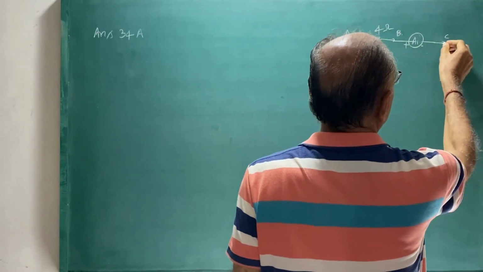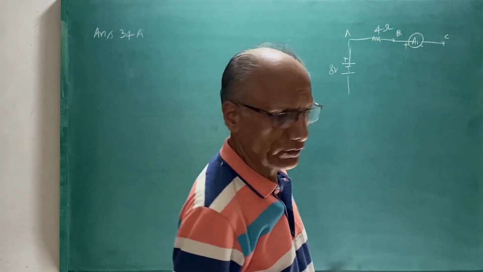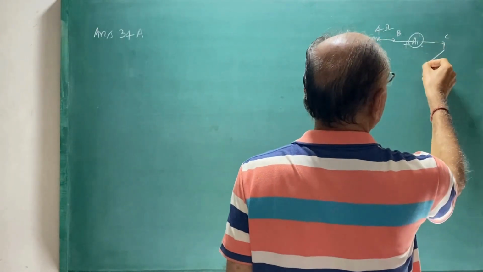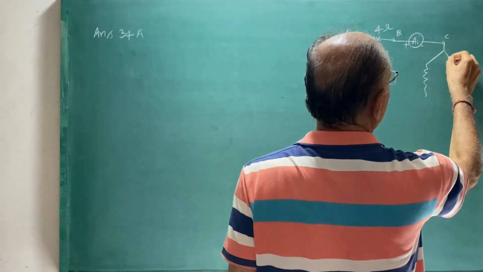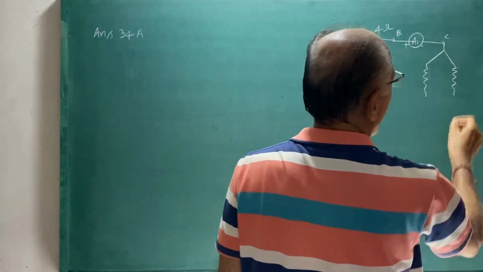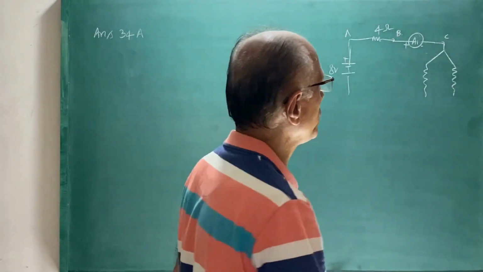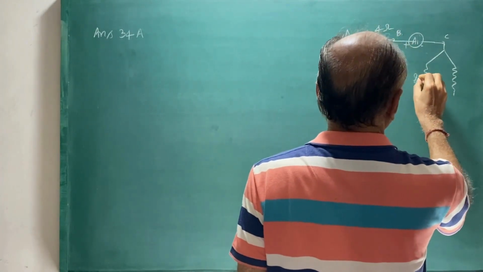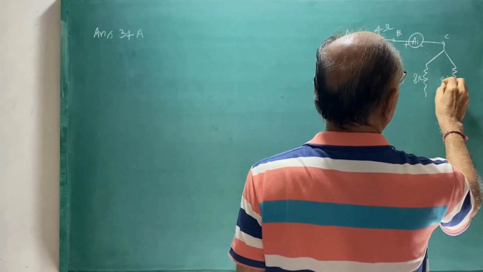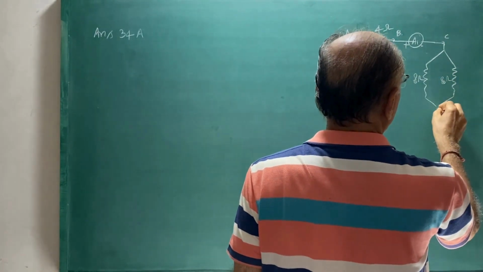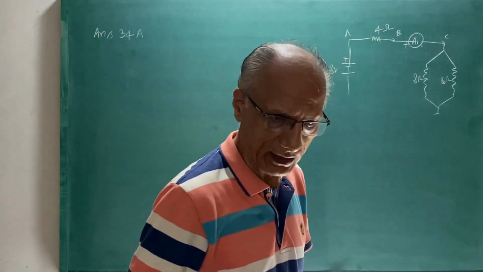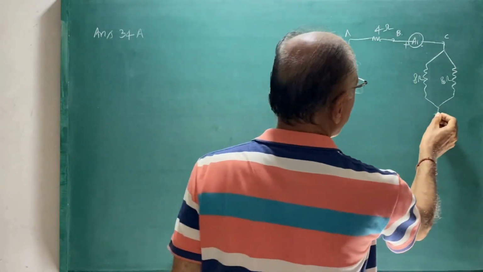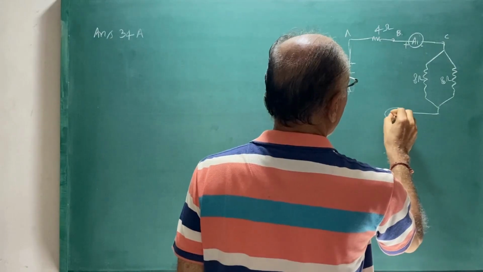C, from C we have two resistors of 8 ohm each. This is 8 ohm, this is also 8 ohm. And now they are connected further to ammeter A2.